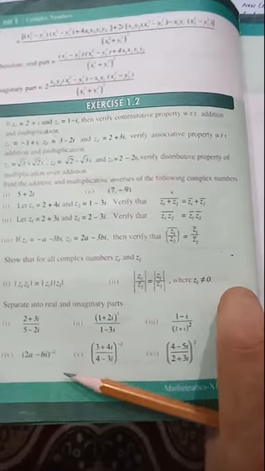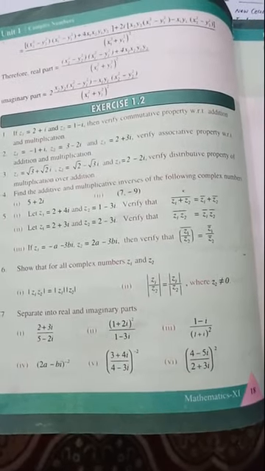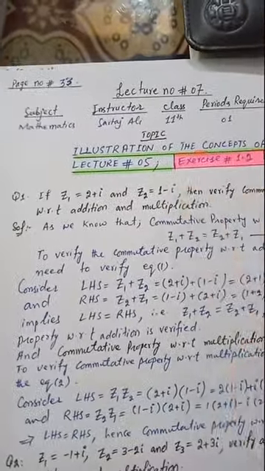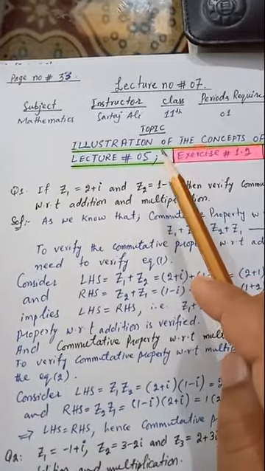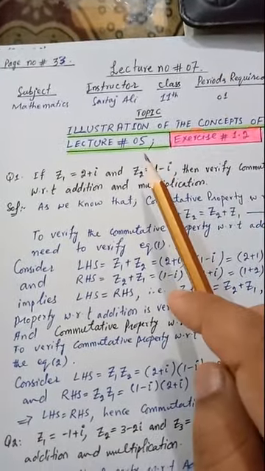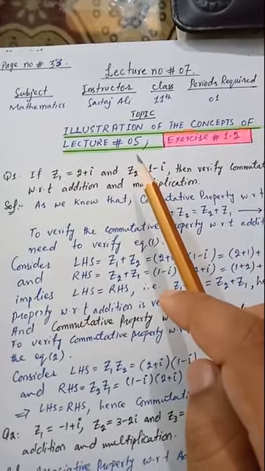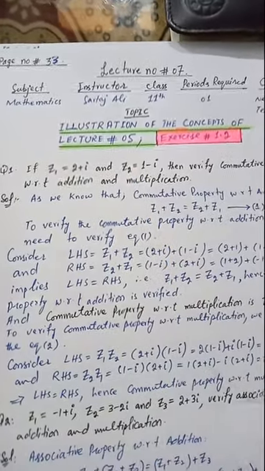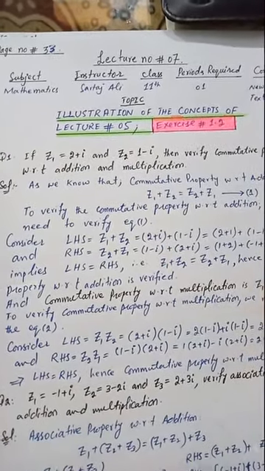This exercise will actually be the illustration of that work. So you see that I already wrote the illustration of the concepts of lecture number 5 and lecture number 6. This is lecture number 7. Whatever we discussed in lecture number 5 and lecture number 6 will be repeated here by just solving these questions. We all know those properties.